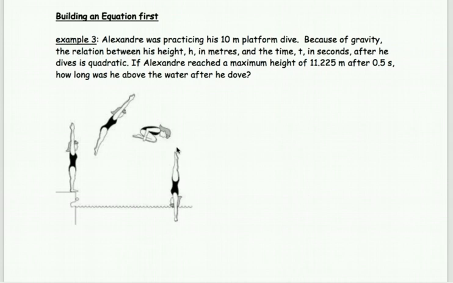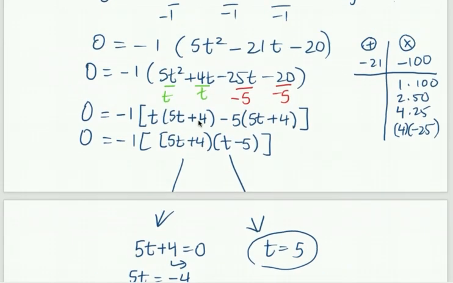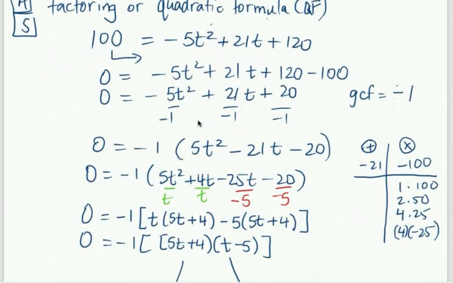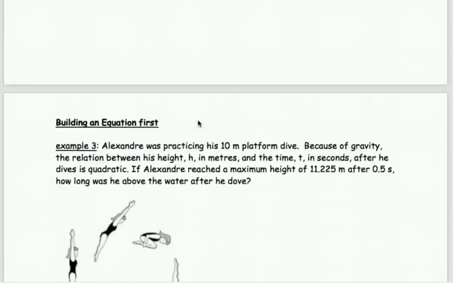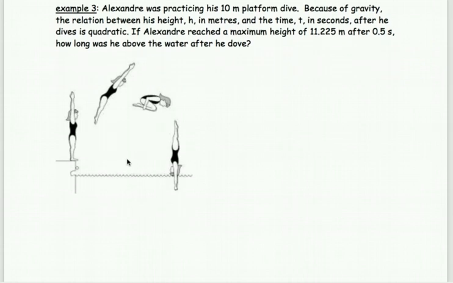Now we're moving on to the third example. If you go through and analyze it, you'll notice that there's no equation. Before, we always had a quadratic equation that we could use to find the missing information. In this case, we have someone diving off a 10-meter platform, from the ground all the way up 10 meters, and then they're jumping.